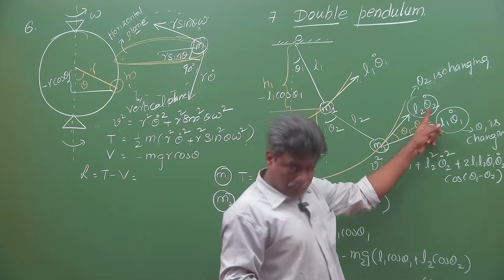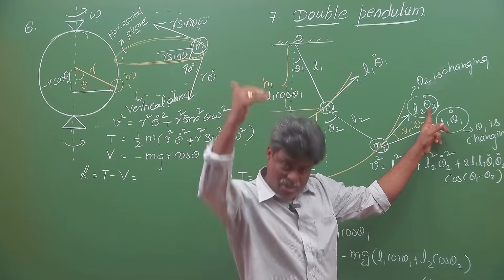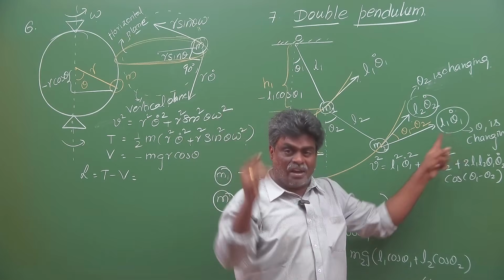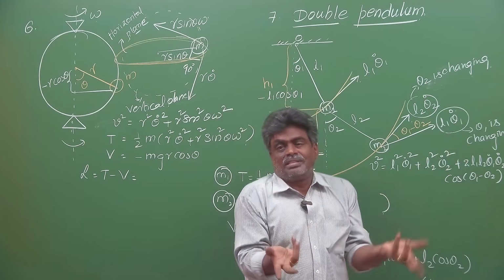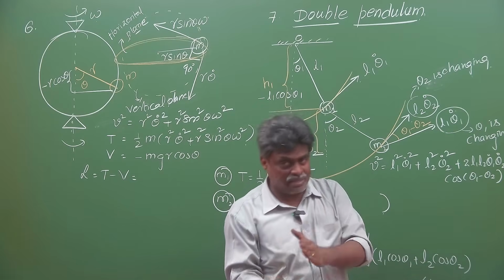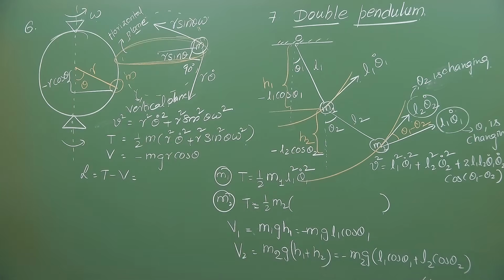Similarly, theta 2 dot means it is changing in the increasing direction of theta 2. This is changing in the increasing direction of theta 1. Then how much difference is there in the increase? Theta 2 minus theta 1. That's it.